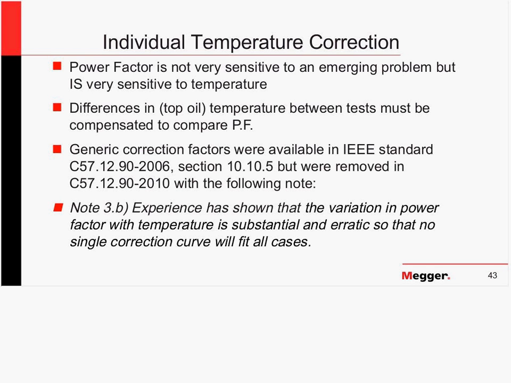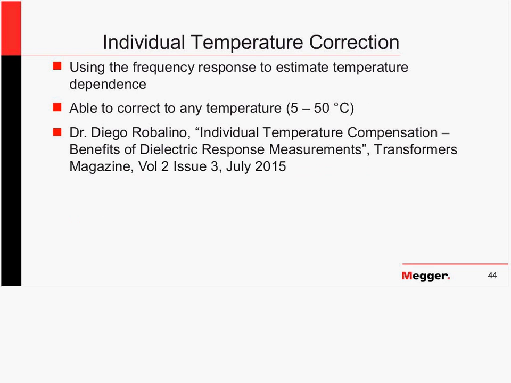So what this is telling us is that IEEE acknowledges that one set of correction curves is not going to apply for a transformer that's been operated really hard its whole life, at full load in very hot temperatures, as something that may be sitting at 30% load in a colder climate. To then apply the same temperature correction curves to a power factor measurement you're doing is simply not going to do an accurate correction back to 20 degrees C base. So it throws in a variable and disrupts your ability to compare.